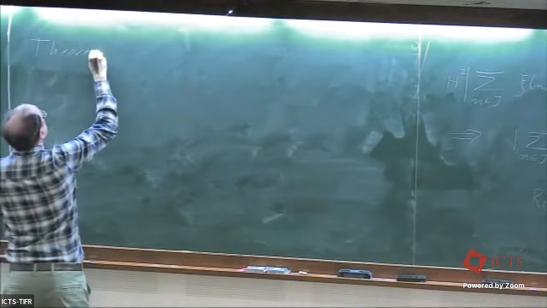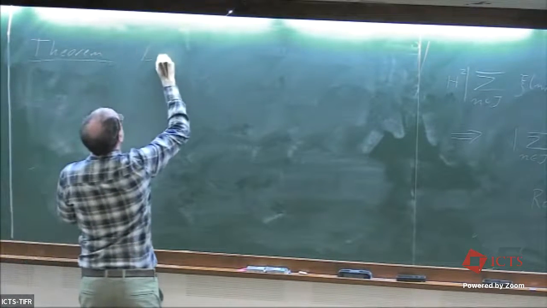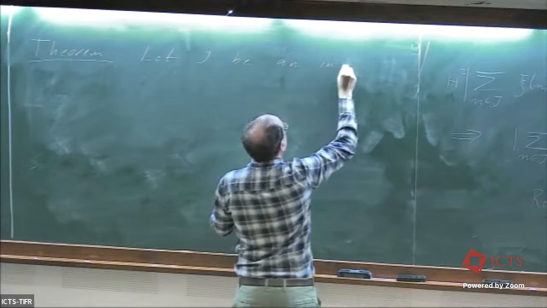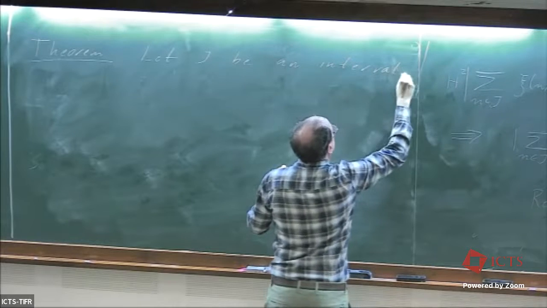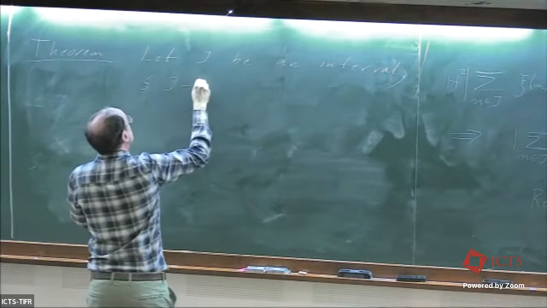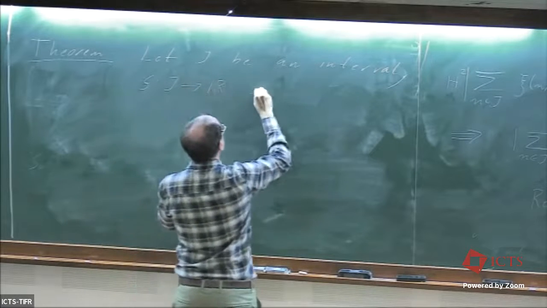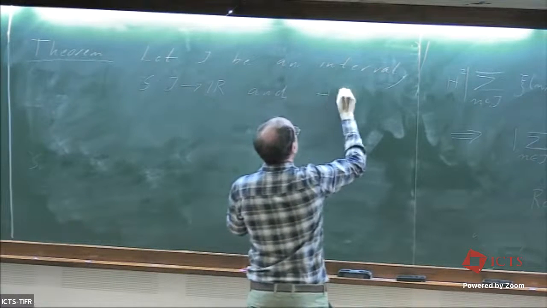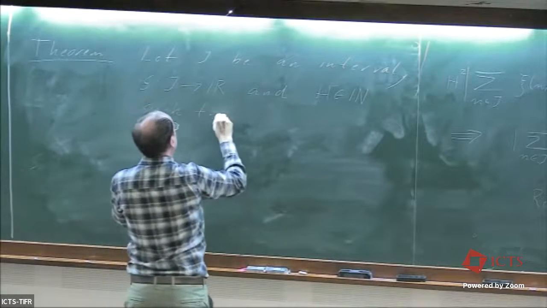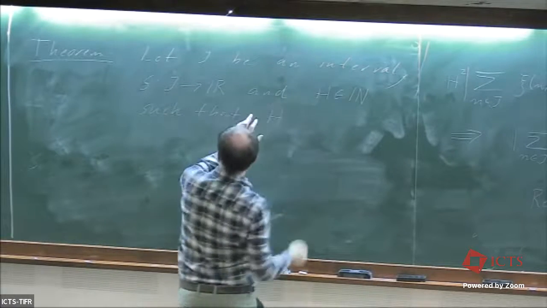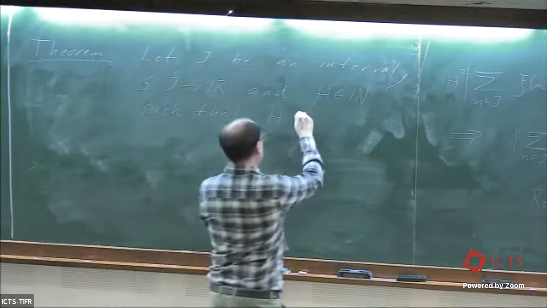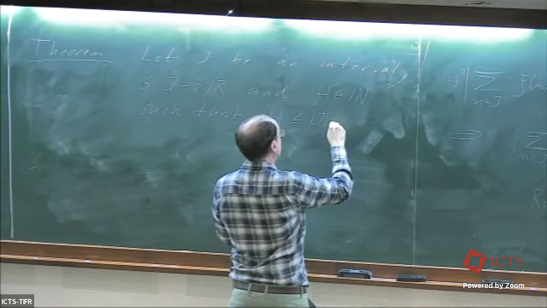Theorem. I need an interval I, f, a function from I to R, and h element of n, such that, so if h is larger than I, then we cannot get any savings, H less or equal interval length.